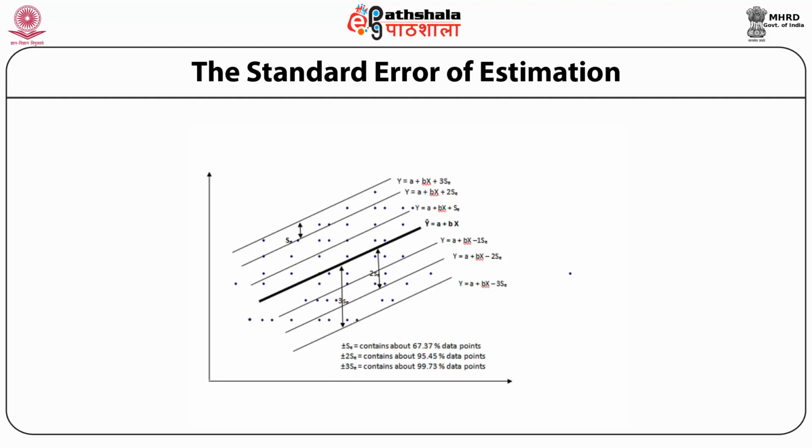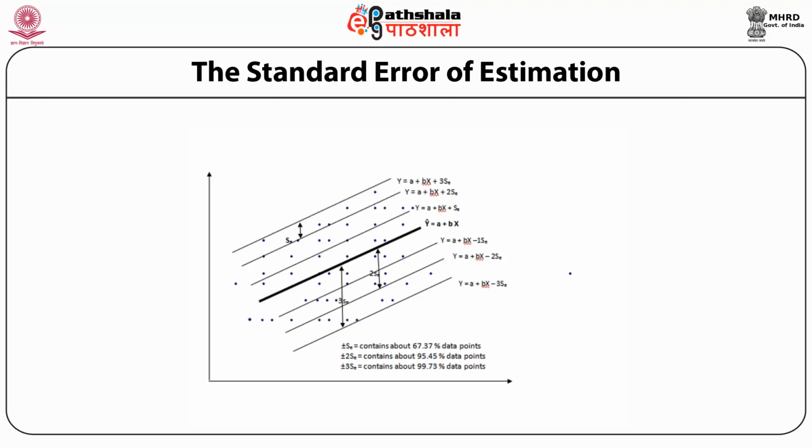For the first interval, the range is y equal to a plus bx plus minus 1 standard error. The second range corresponds to plus minus 2 standard error. The third range corresponds to 3 standard error.